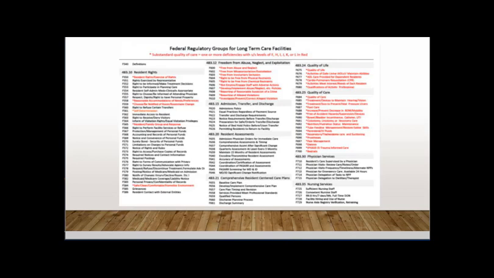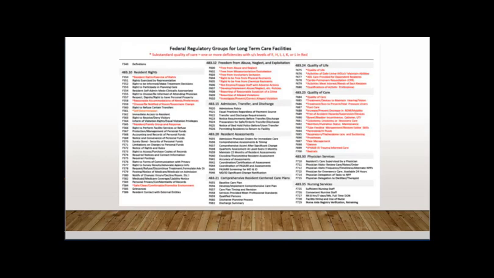So these are the areas that can be cited at a level of F, H, I, J, K, or L. You'll see the grid later in the presentation, but that's the upper layer of the grid, which is the worst areas to be cited for. So these are not good things, and thus the red coloring.